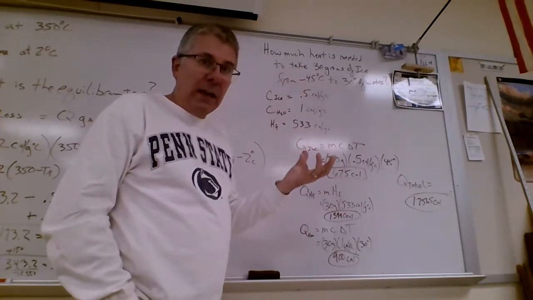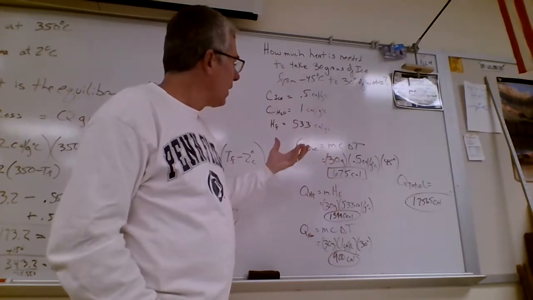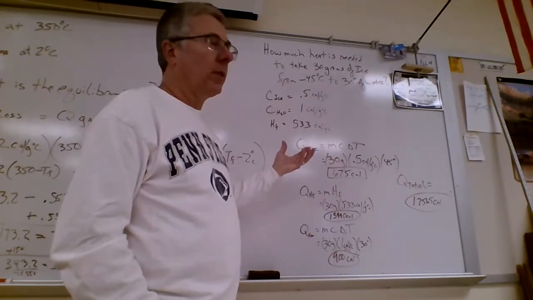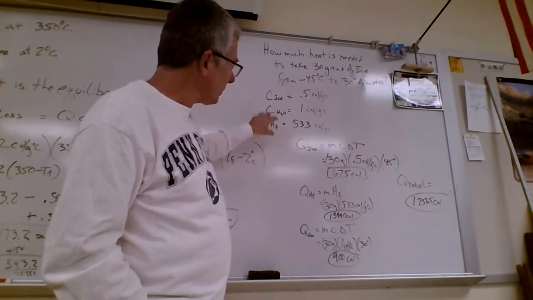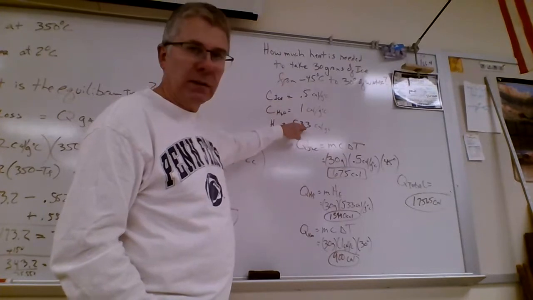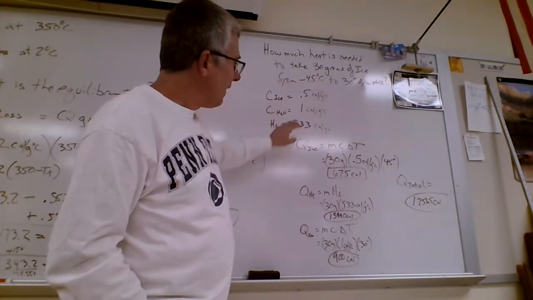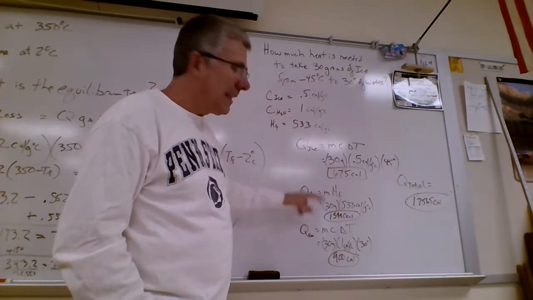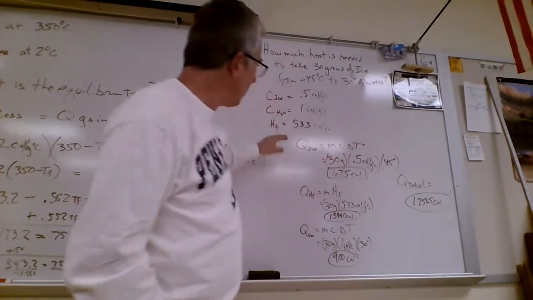At 0, it has to use the heat of fusion to totally, completely melt the ice. That's what HF is. And then, once it's all melted, now it can heat up to 30 degrees. So it's 3 steps here.